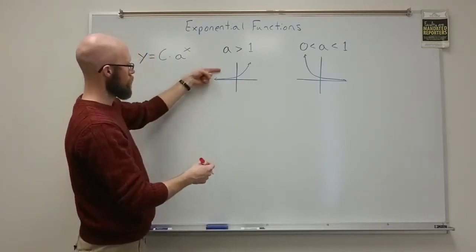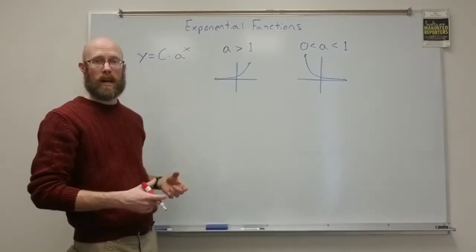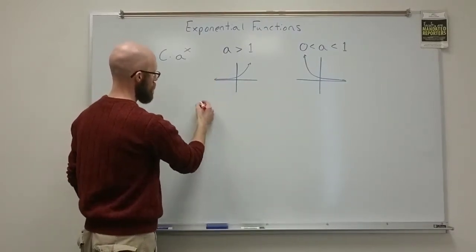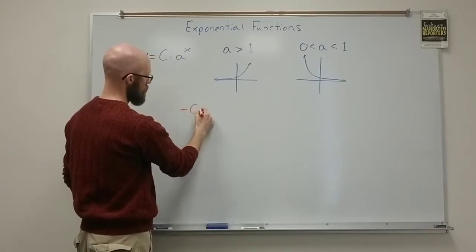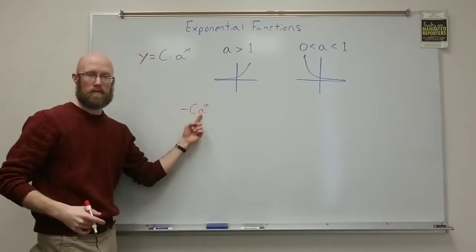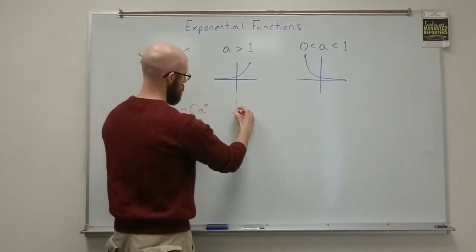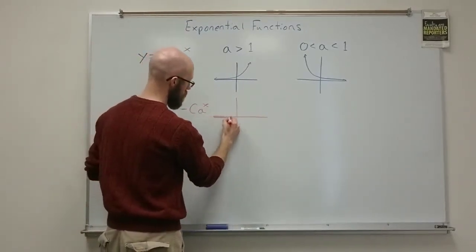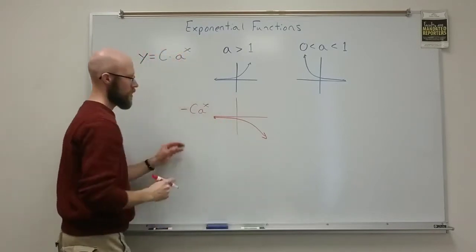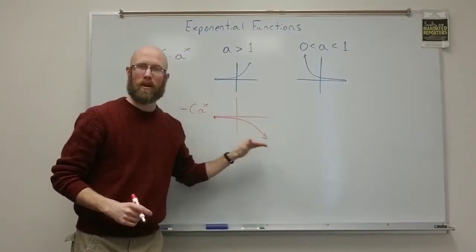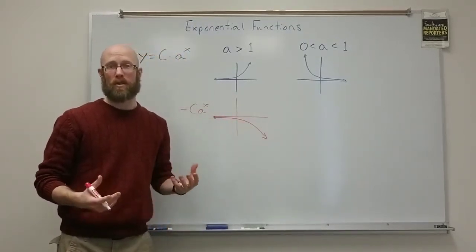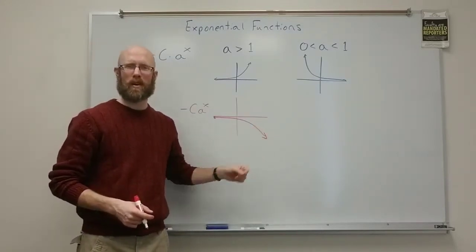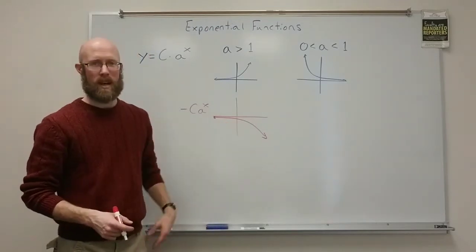If I was to multiply that exponential growth by a negative value, like -c times a to the x, where again a is bigger than 1, then the graph would reflect across the x-axis, and it would be a growth still away from the x-axis, but going downwards, decreasing this time. It's like a decreasing growth. It's kind of weird. But it's because it's on the negative side.